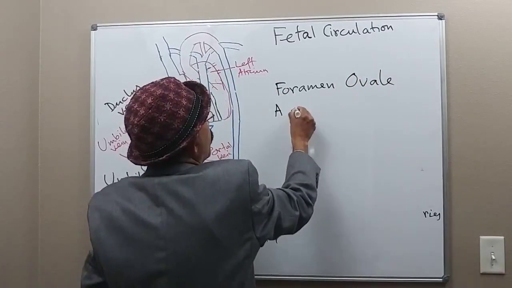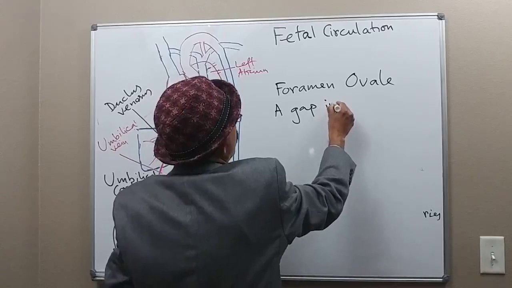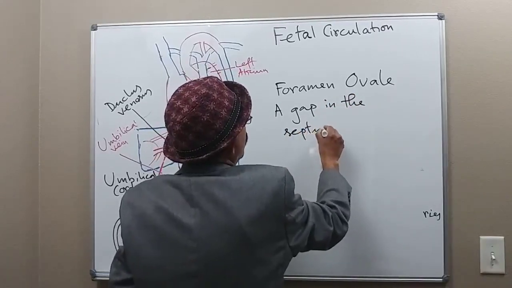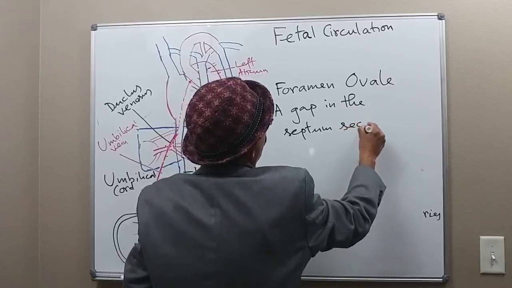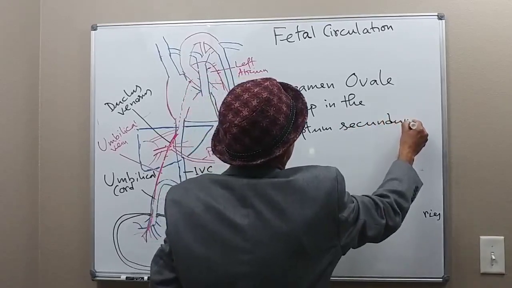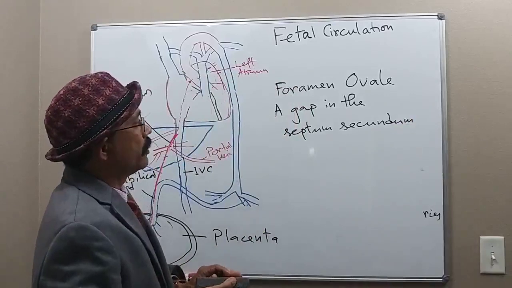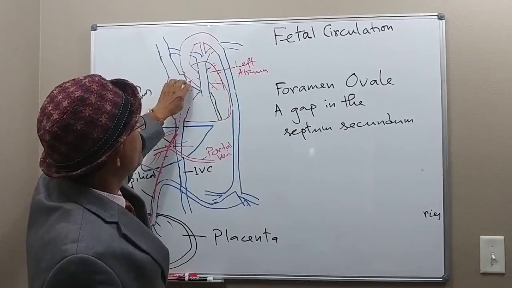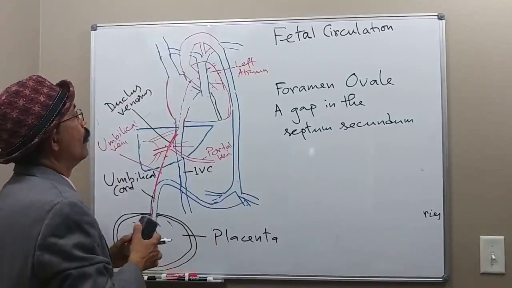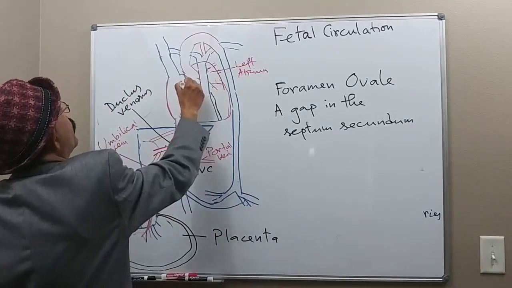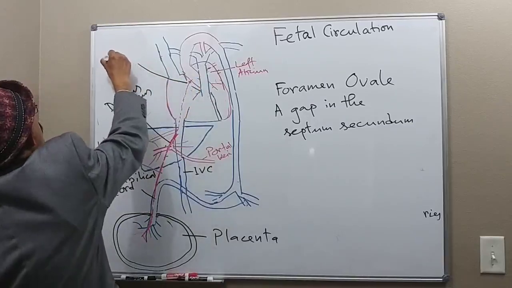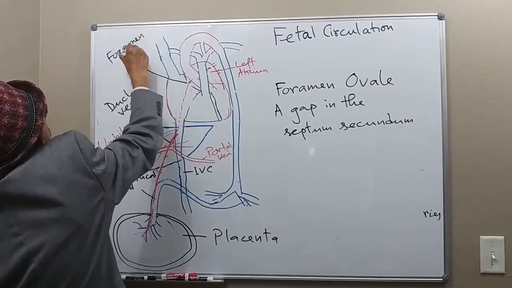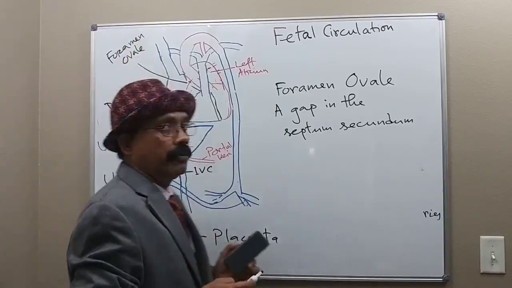That will help in the formation of the interatrial septum. This is the foramen ovale, this part. Okay, we got that.